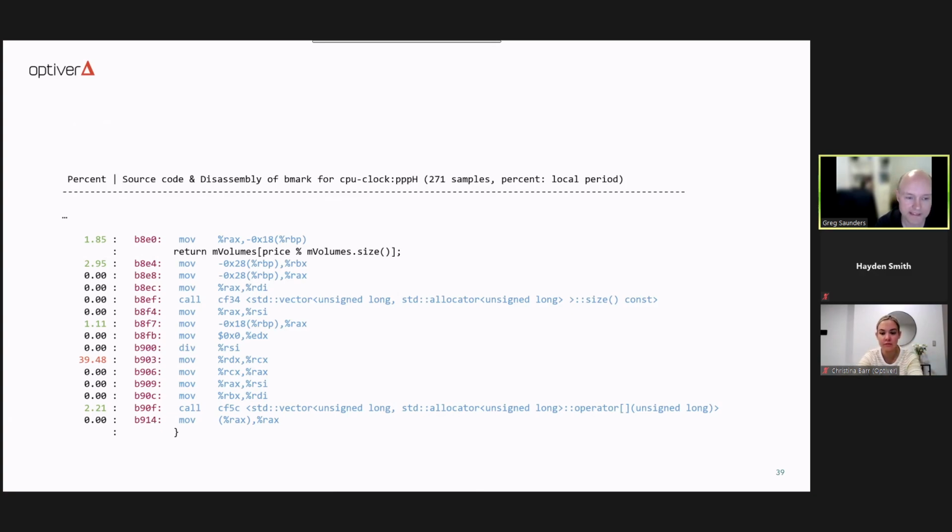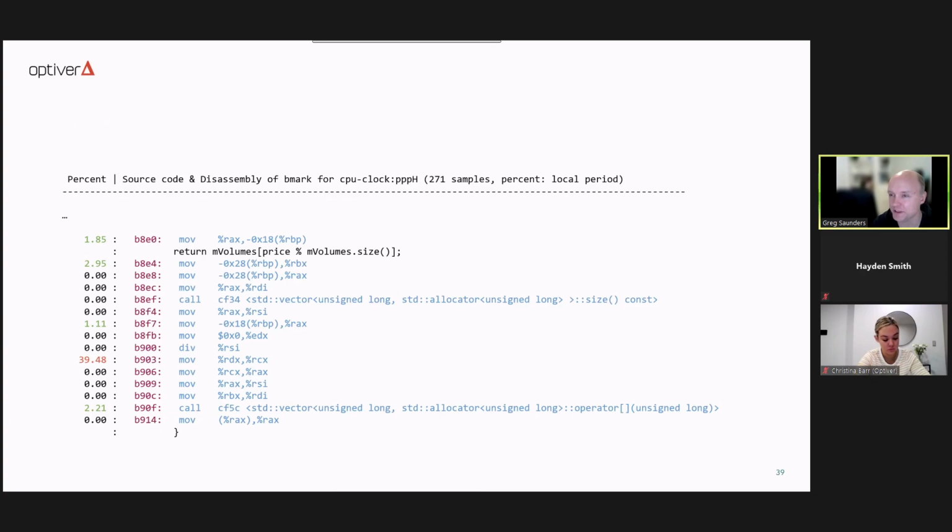What we can see here is that there's one particular instruction at B903, which is taking 39.48% of the time that the CPU spends in the getVolume function. That's excluding the functions that getVolume calls.